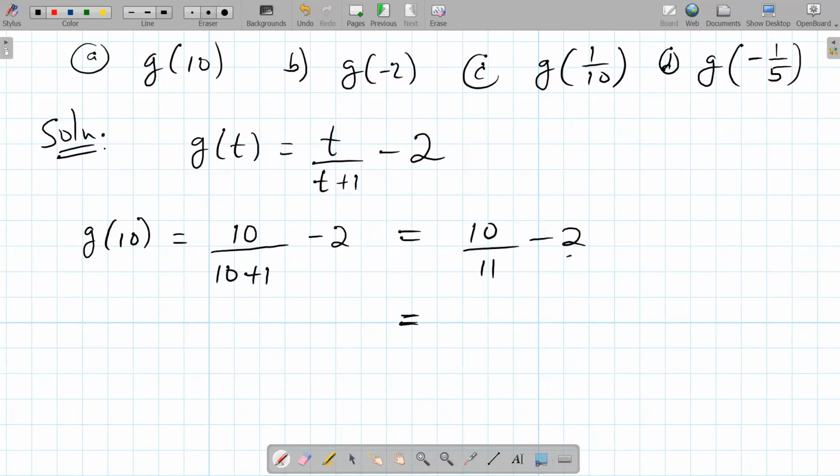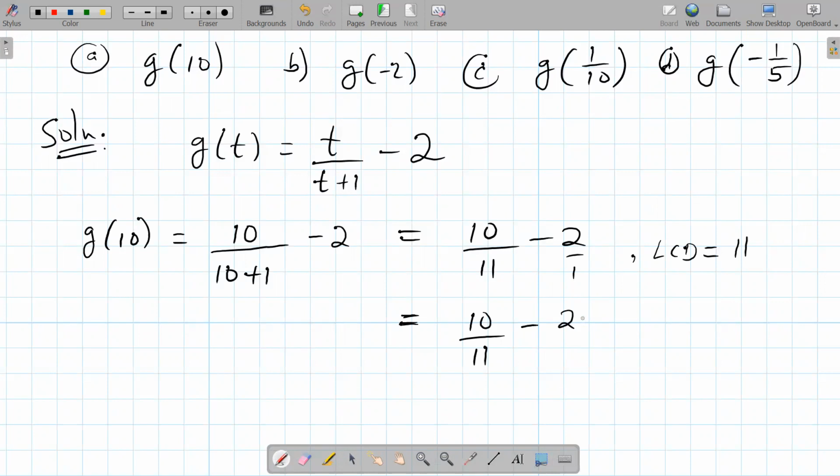Here is a case where I need to apply a little bit of fraction idea. I can divide this 2 by 1. You can always divide a whole number by 1, it's still going to be the same. And I'm going to get the LCD. The LCD of 11 and 1 is 11. So I make sure that I change denominators to the LCD. This is still going to be 10 over 11 minus. If I'm going to change 1 to 11, I need to multiply 2 by 11, and whatever you do to the denominator, do to the numerator.